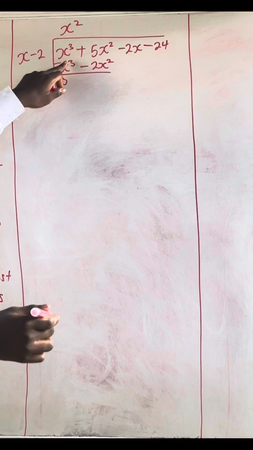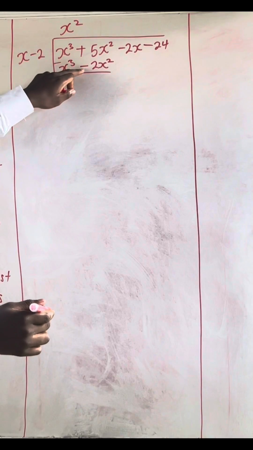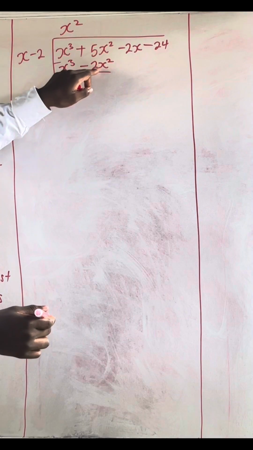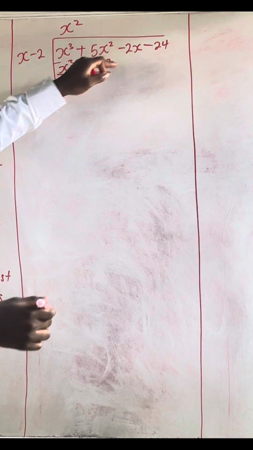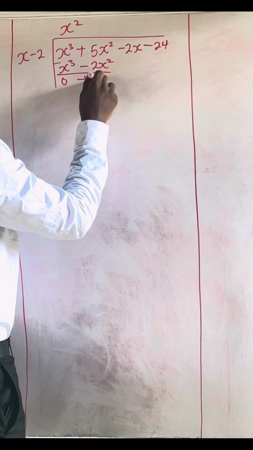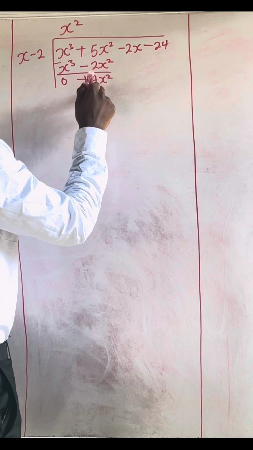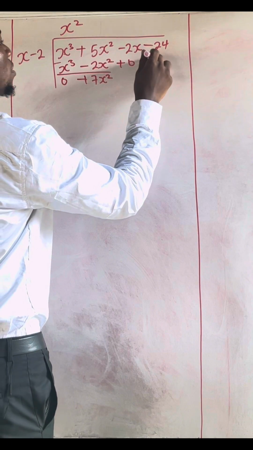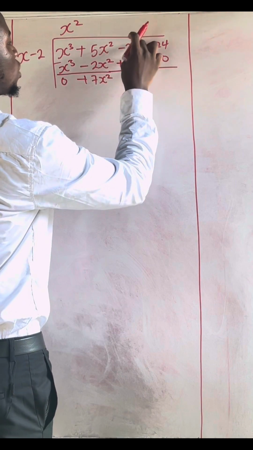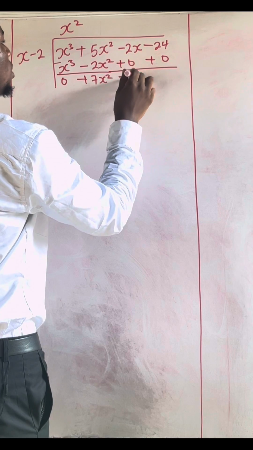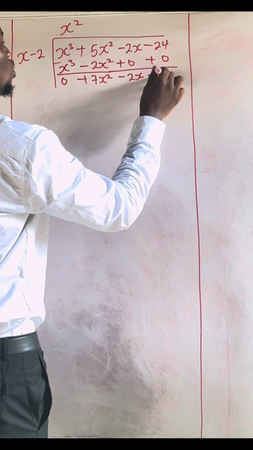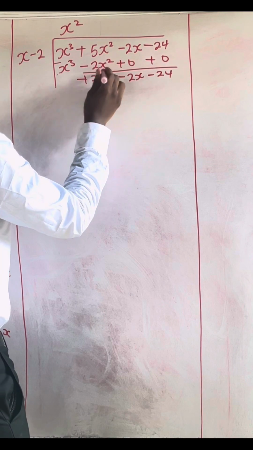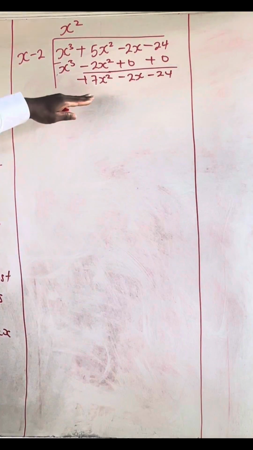Minus times minus is plus. So this is now 5x squared plus 2x squared, which gives us plus 7x squared. Then we bring down the rest, minus 2x minus 24. So we can then delete this and we are left with this.